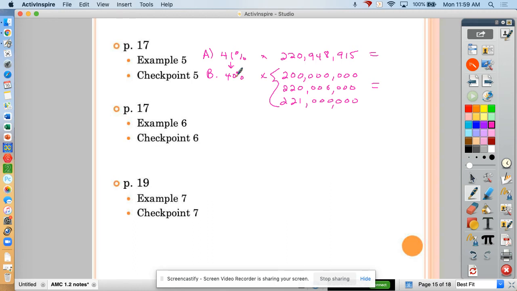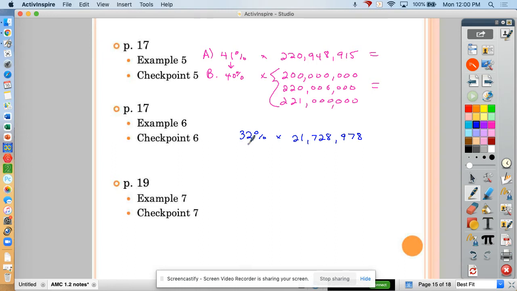All right, so pause your video and you guys can do checkpoint 5. So checkpoint 5 uses the same graph, and this time it asks you to do the people who said mental function, decline in mental functioning, which is the green. So it's 32%, and the population changed to 21,728,978.